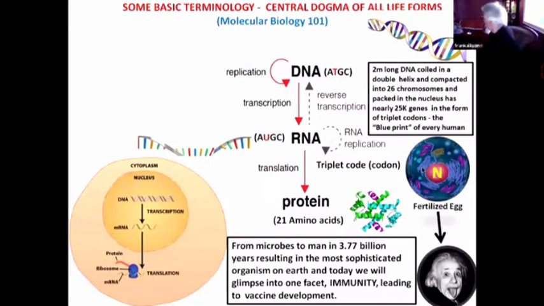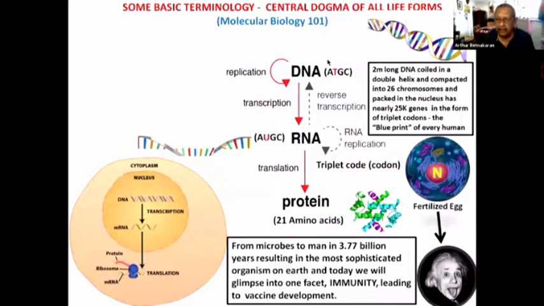Progressively, you see this fertilized egg differentiating. It's like a flower opening, petal by petal, and you have new things coming off, ultimately ending up in a complete human being. Now, we have to remember that DNA is the one that basically codes for all our characteristics.